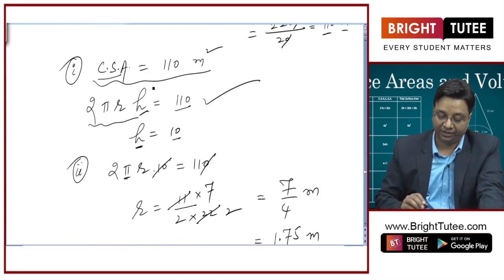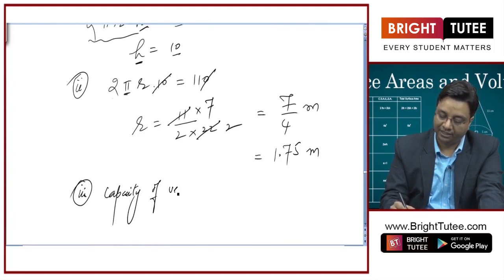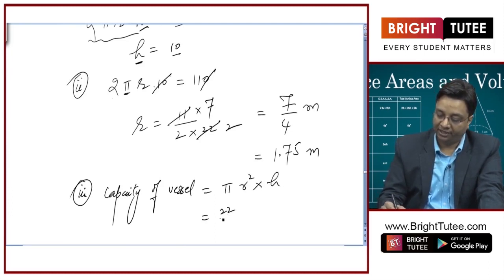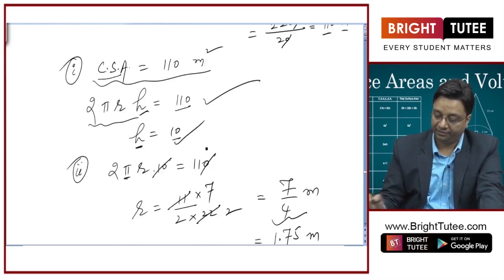Now, capacity of the vessel. Third part is capacity of vessel. Capacity means volume, that is pi radius square into height. So pi I have taken as 22 by 7, radius square I will square this 7 by 4 into 7 by 4 into height h is 10.